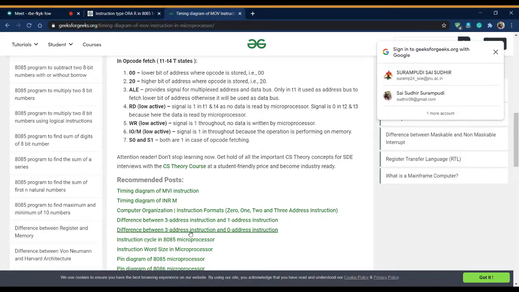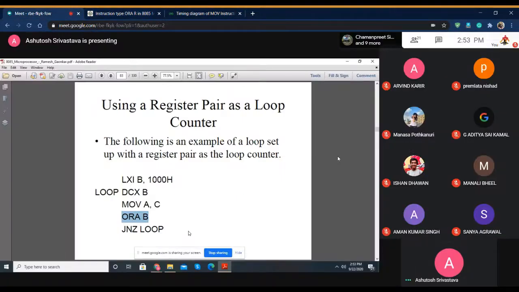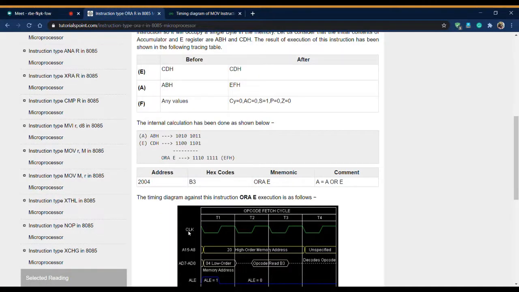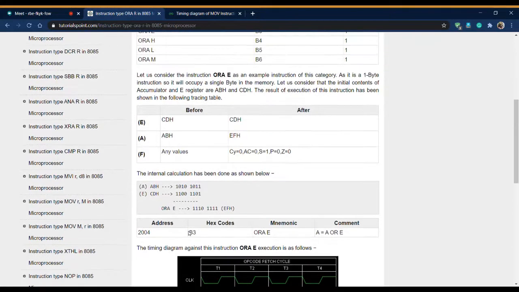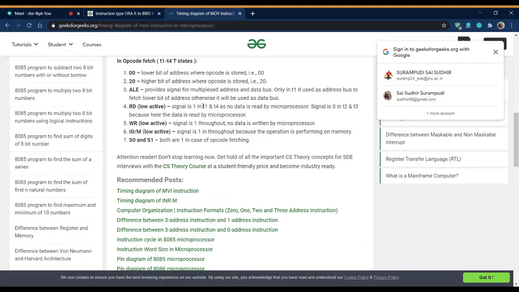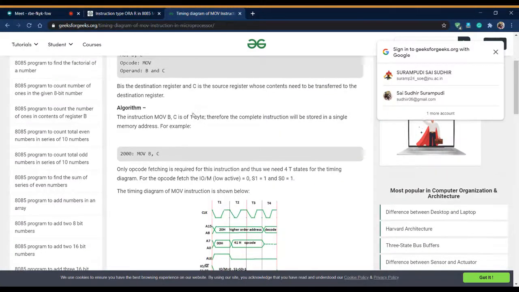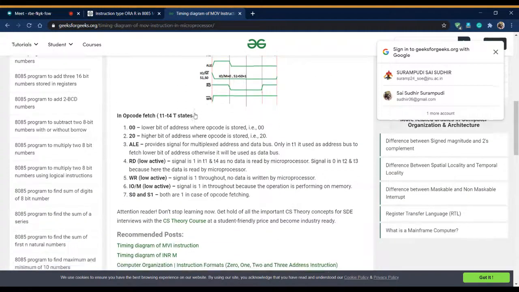Half the value will be in the accumulator and half in register B. So whole 10 will be in the accumulator, and 10 will also be in register B. So my answer is 1010: 10 in accumulator and 10 in register B.